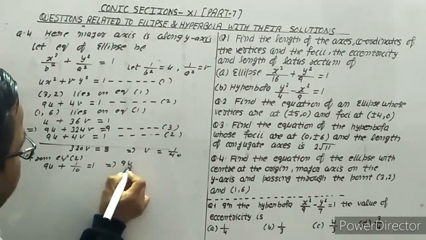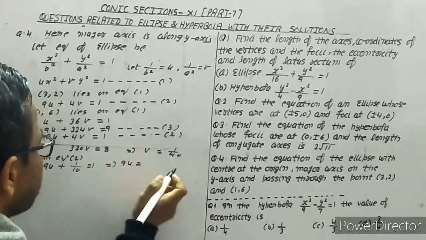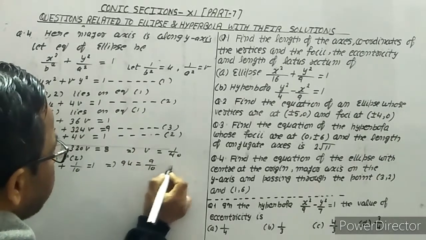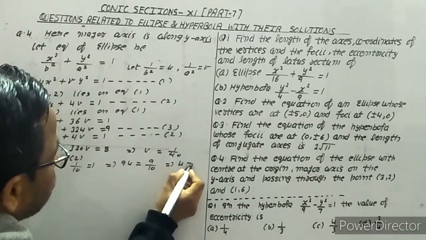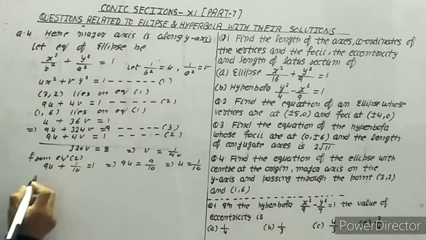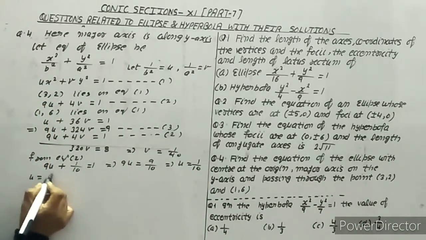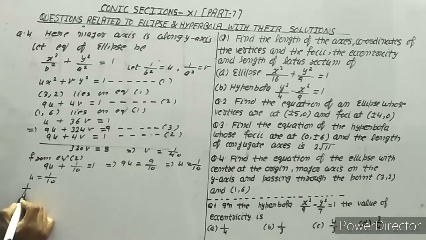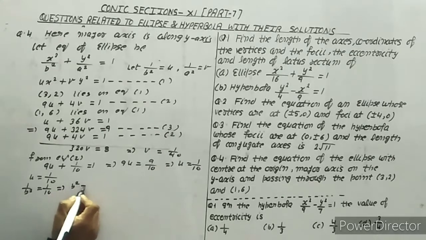It implies that 9u is equals to 1 minus 1 upon 10, which means 9 upon 10. It implies that u is equals to 1 upon 10. It implies that 1 upon b square is equals to 1 upon 10, so b square is equals to 10.